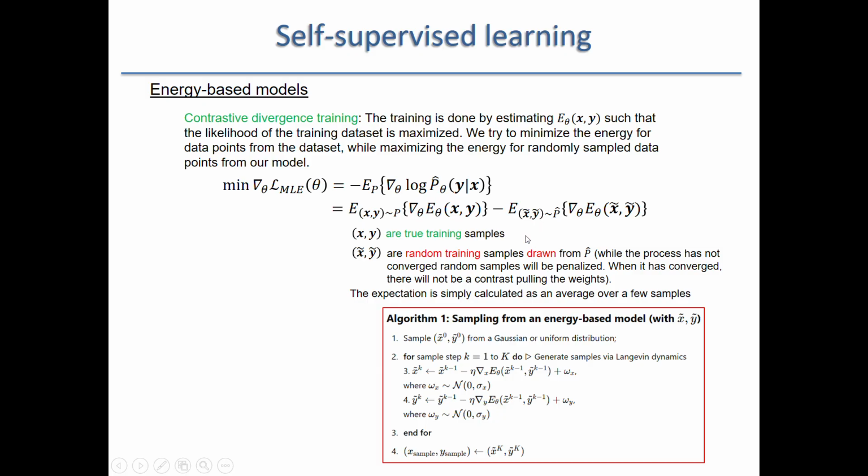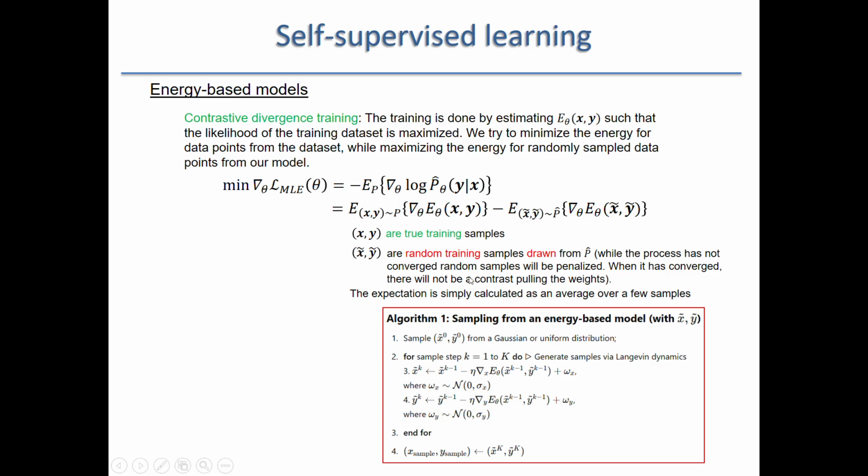Both probability distributions come from the energy function that we are learning. For this energy function, we will compute the gradient of the log likelihood with respect to this contrastive term, the difference between true training samples and random samples.